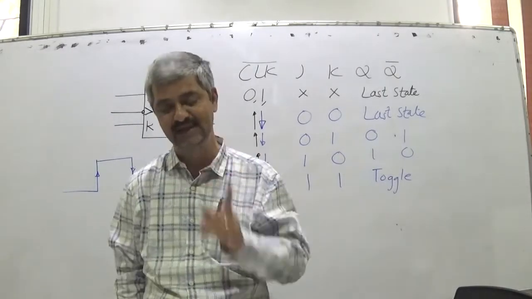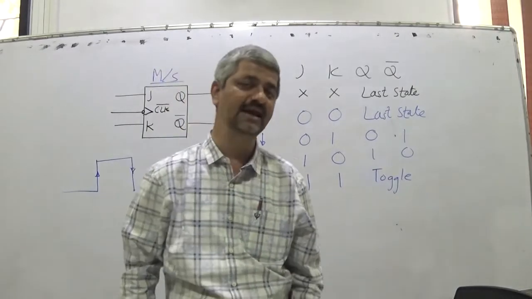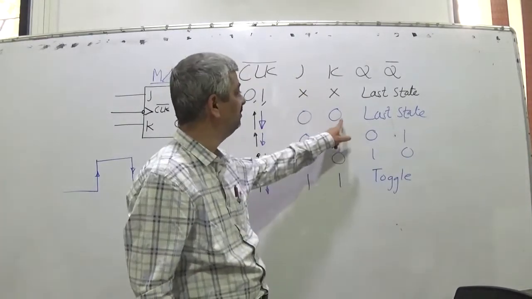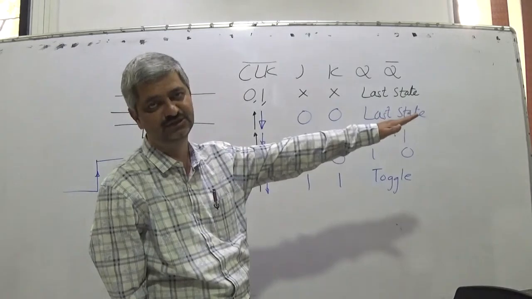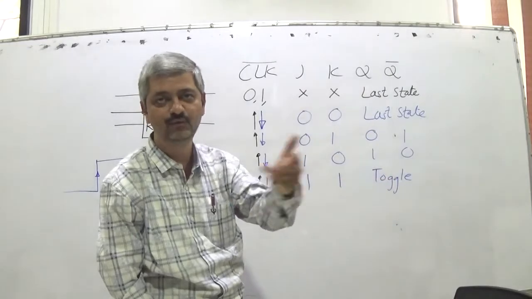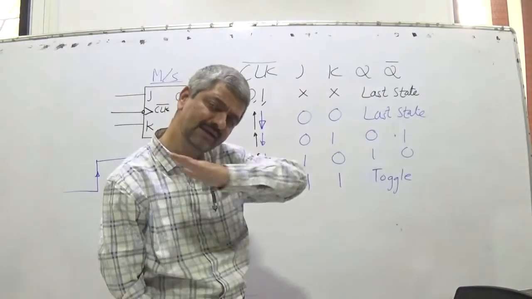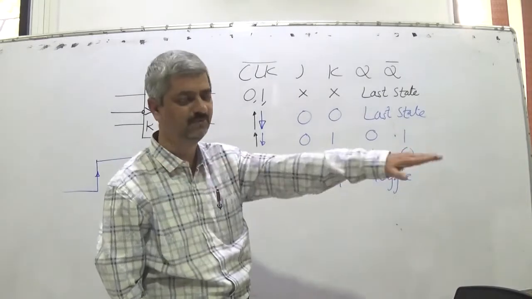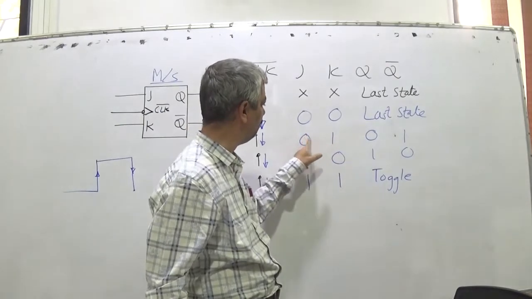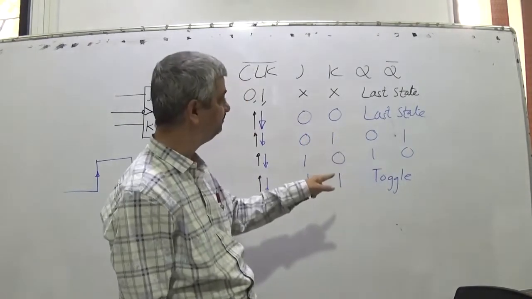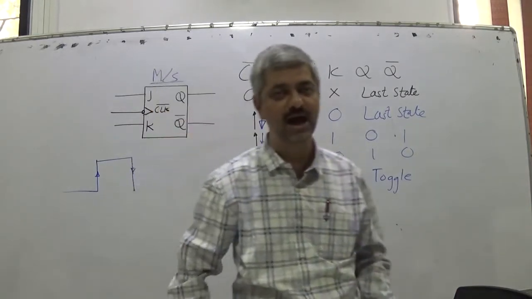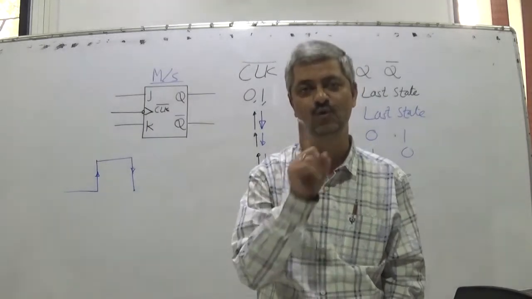At the time of rising edge of clock pulse, if inputs J and K are 0, 0, still outputs don't change. So outputs continue as they were. What they were, we don't know. Whatever it may be, 0, 1 or 1, 0, they continue. Then if input J is 0 and K is 1, once clock goes up and then clock goes down, the outputs are made 0, 1.